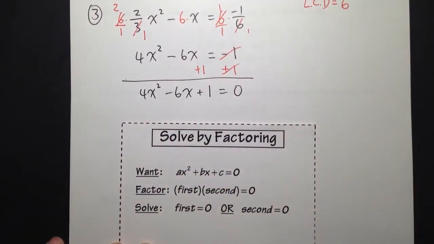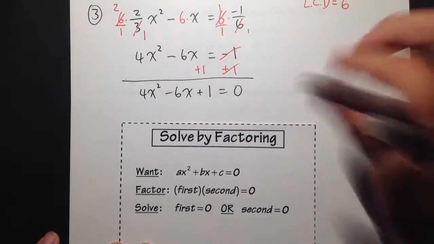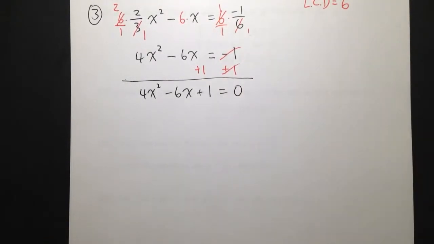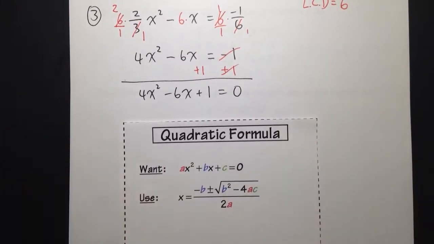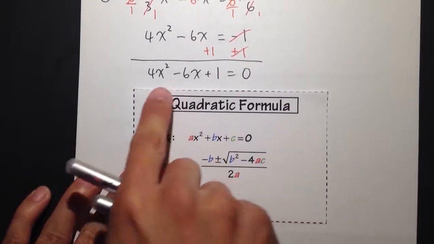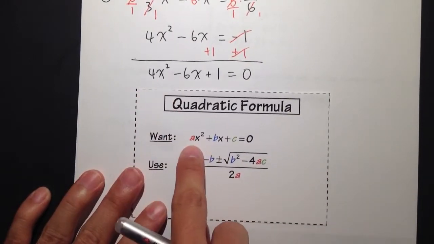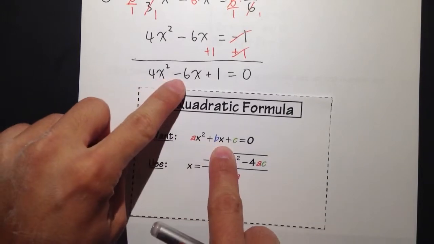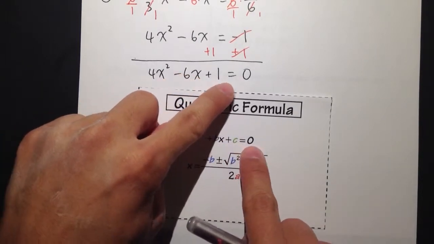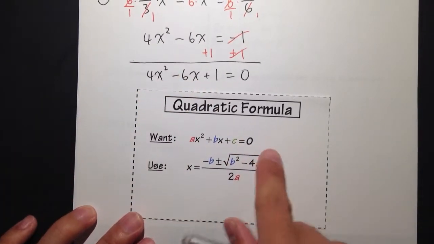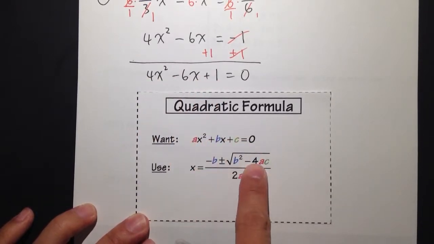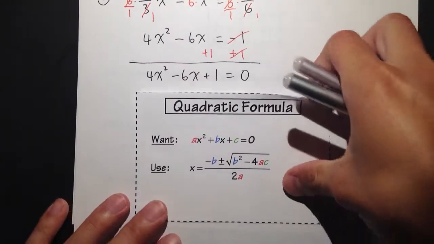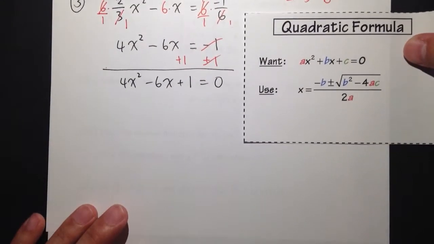I will leave that to you to try. If we cannot factor it, we have a second choice, the quadratic formula. You see that we already have the standard form, ax squared plus bx plus c is equal to 0. If we have the equation in this form, then we can just use this formula and get our answers. Most likely we'll end up with 2 answers.